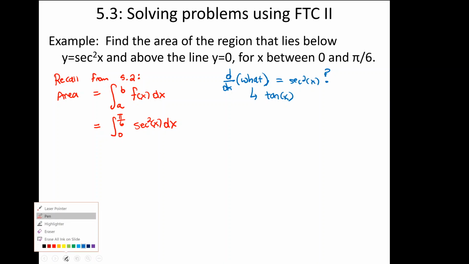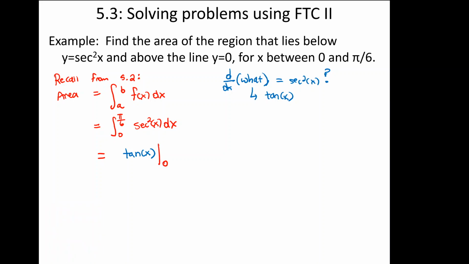So what we're going to get is the antiderivative of secant squared, tan of x, evaluated, so vertical line, from 0 to pi over 6. So tan of pi over 6 minus tan of 0.